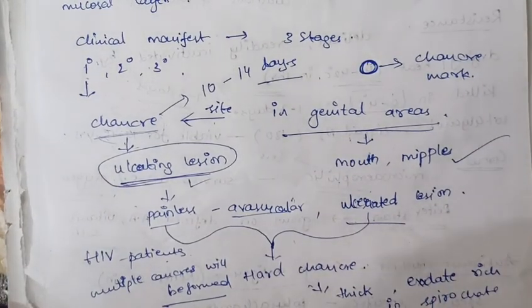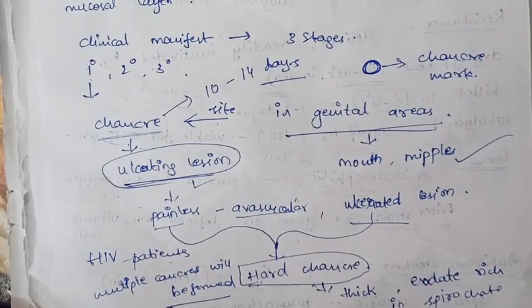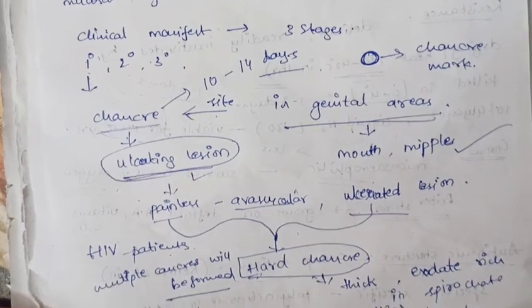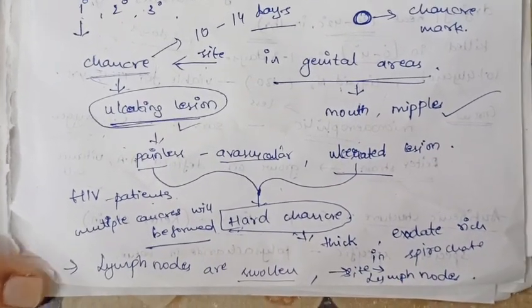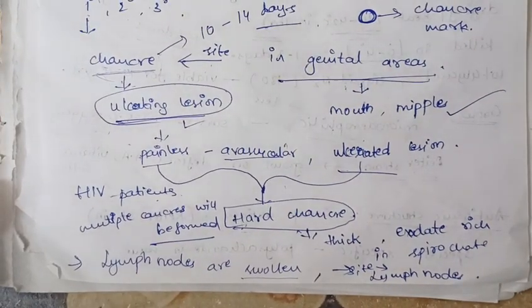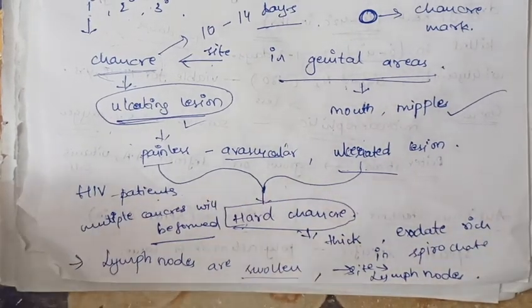And at this stage, the lesion is called a hard canker because it is painless and avascular. Slowly a thick exudate rich in spirochetes is formed.